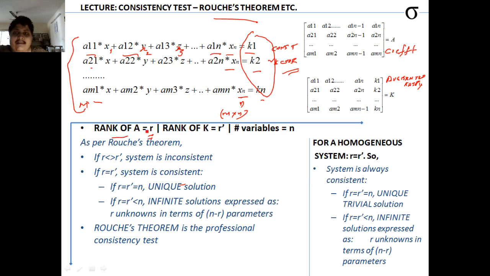Now we say that the rank of A is R if the determinant of the matrix A is not equal to 0.